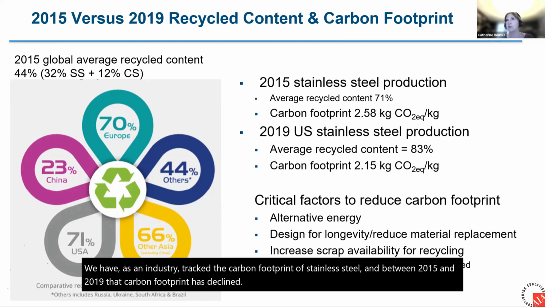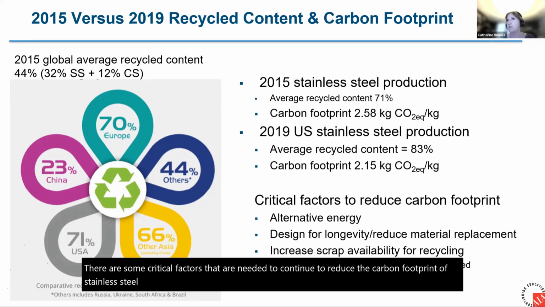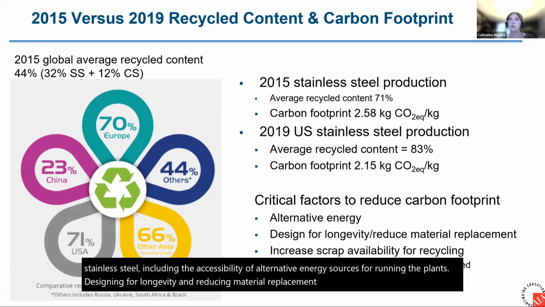There are some critical factors that are needed to continue to reduce the carbon footprint of stainless steel, including the accessibility of alternative energy sources for running the plants. Designing for longevity and reducing material replacement is critical as well.